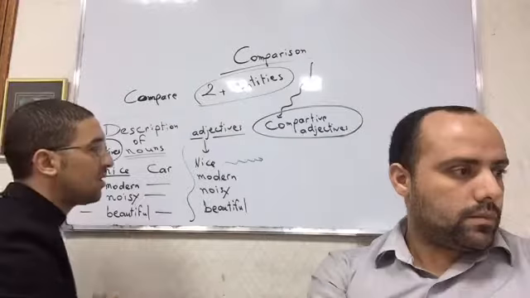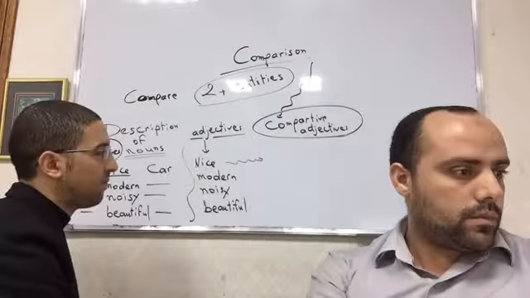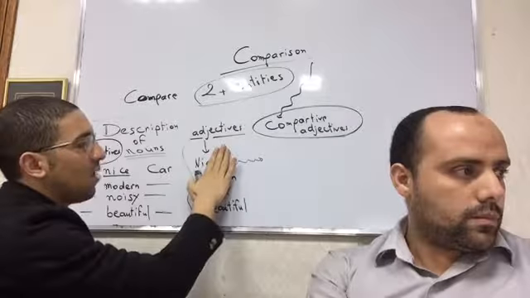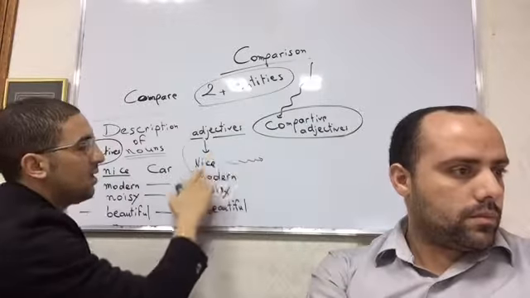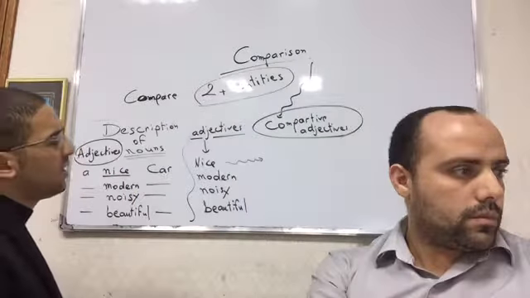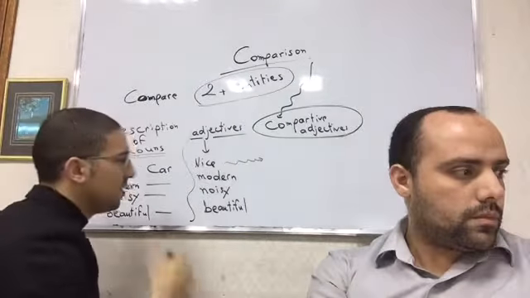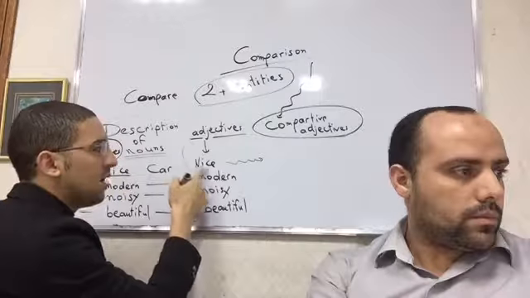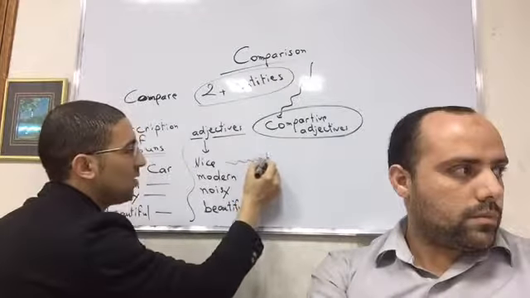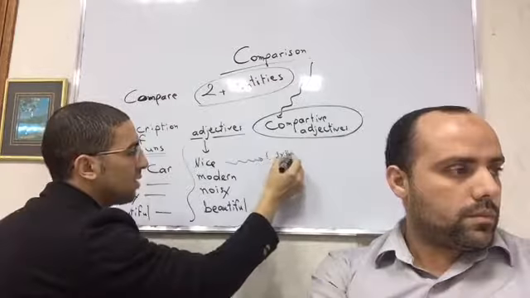Nice has only one syllable. And we said that a syllable must have one vowel sound. Nice here has only one vowel sound, which is I, and it can have other consonants. So nice is only one syllable.